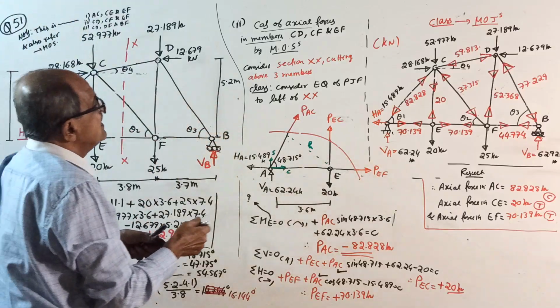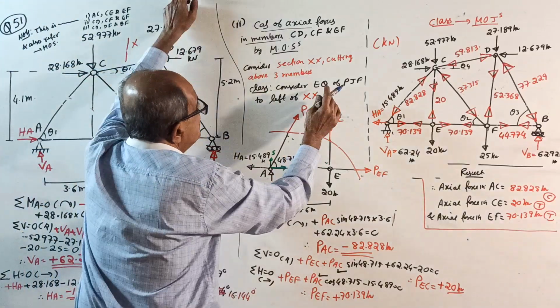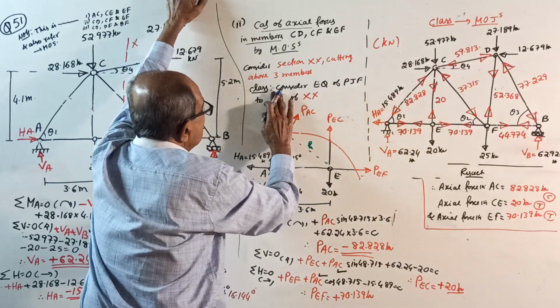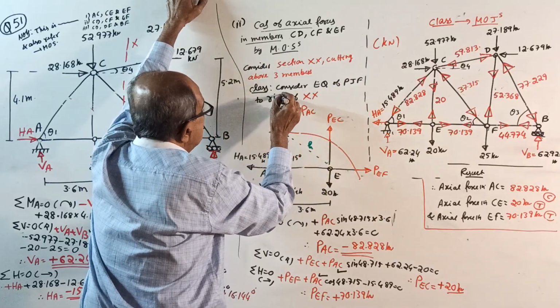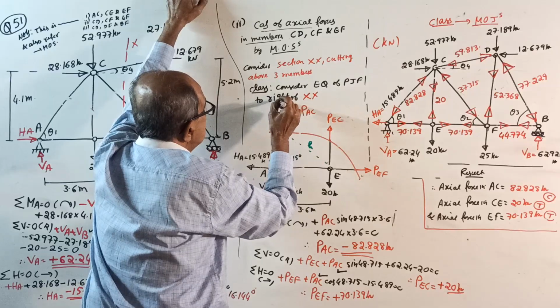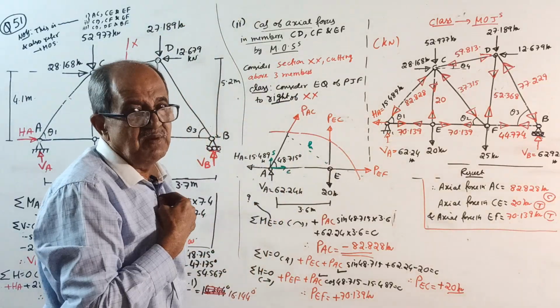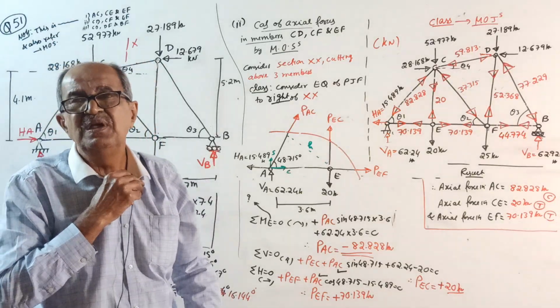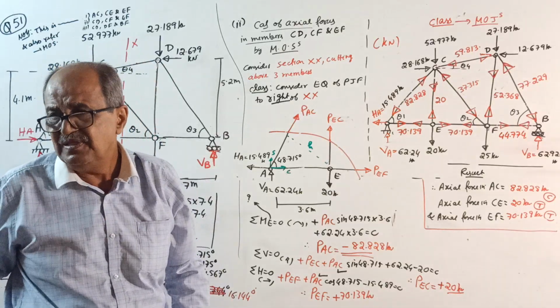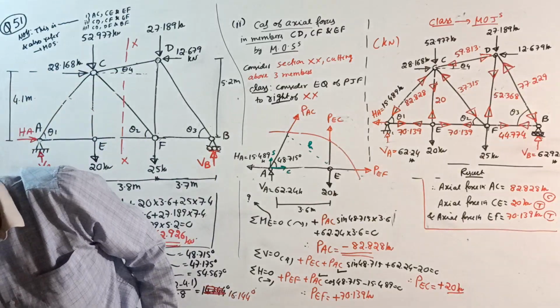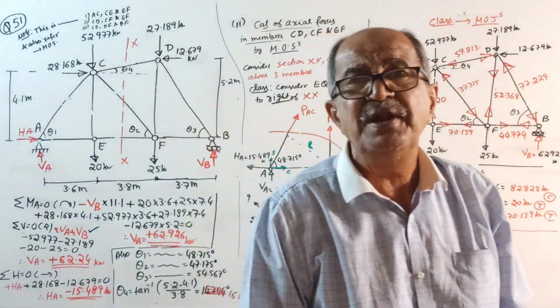Consider equilibrium to right of XX. Your choice. Whichever side you see, the answer will come same. Okay, now to save time, I will write and explain. How much should I explain simultaneously? It is already over 1,000 times.